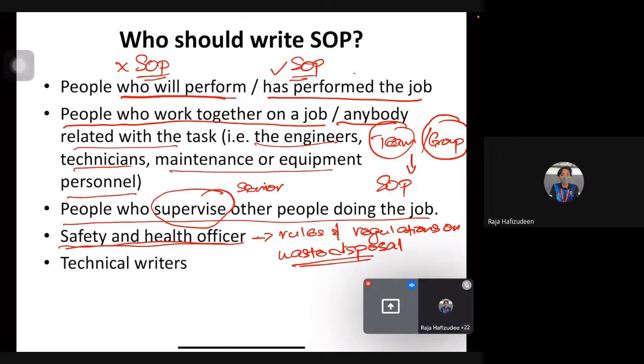Technical writers, for instance, are going to write a manual on how to use the product, or maybe the SOP on review or feedback of the product or the process. This is on technical writers.